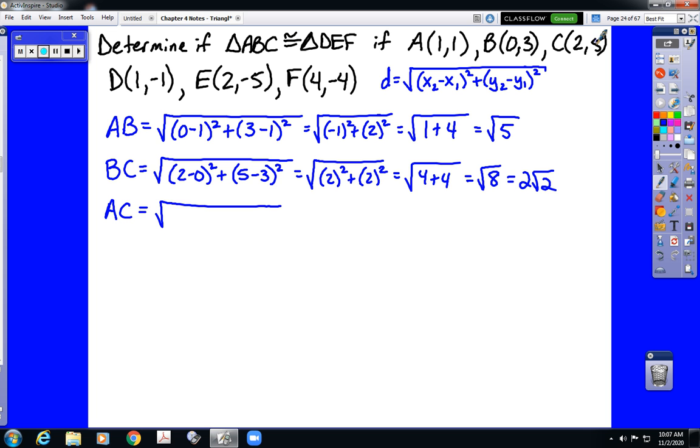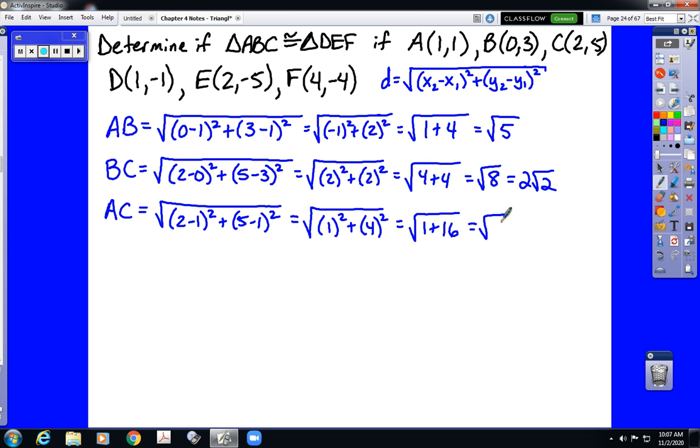Meaning 2 minus 1 quantity squared plus 5 minus 1 quantity squared, which would be 1 squared plus 4 squared, or 1 plus 16, meaning the square root of 17. So these are the 3 side lengths of our first triangle: root 5, 2 root 2, and square root of 17. So now we're going to repeat those steps with D, E, and F.